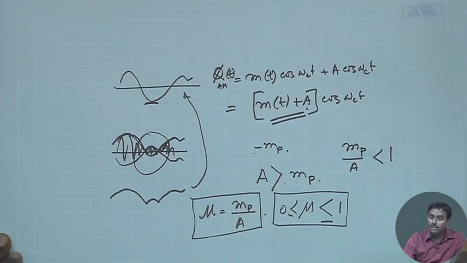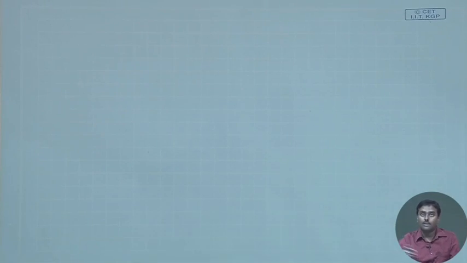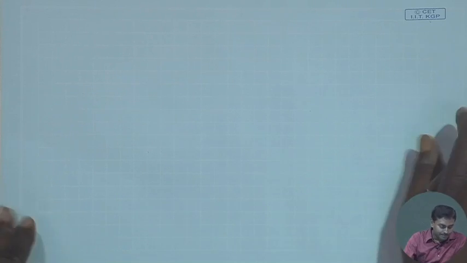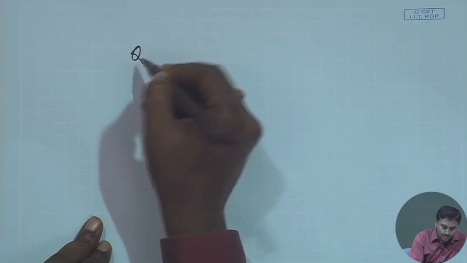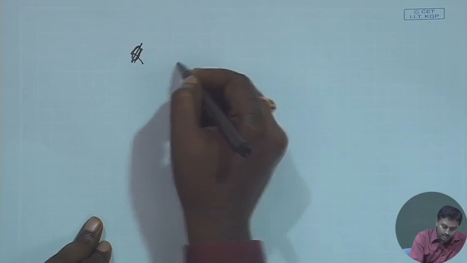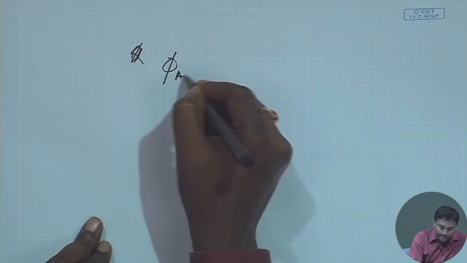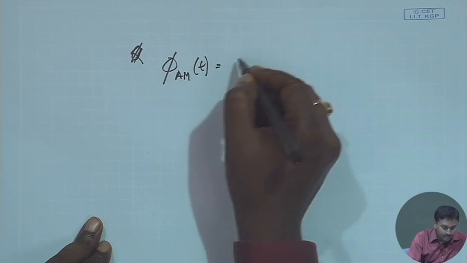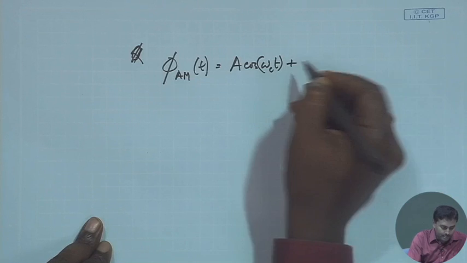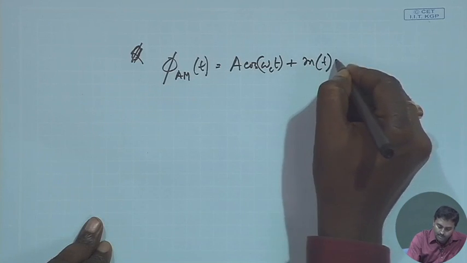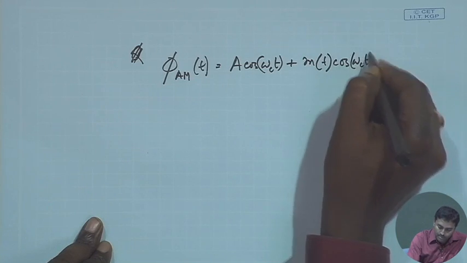Now, let us try to see what is the effect of this. Let us say I put phi_AM(t), which is nothing but A cos omega_c t, that is the carrier part, plus some message signal m(t) into cos omega_c t.